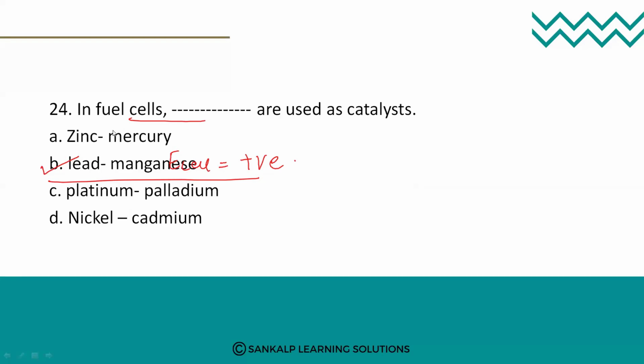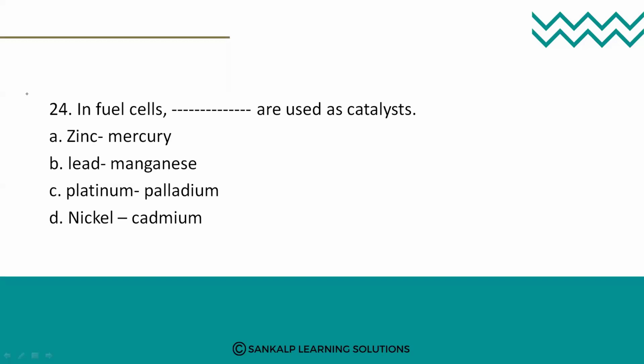Okay. In fuel cells, dash are used as catalyst. What are catalysts? A catalyst fastens the rate of the reaction. So in fuel cells, what are used as catalysts? A, zinc mercury, B, lead manganese, C, platinum palladium, and D, nickel cadmium. Yes, very good.